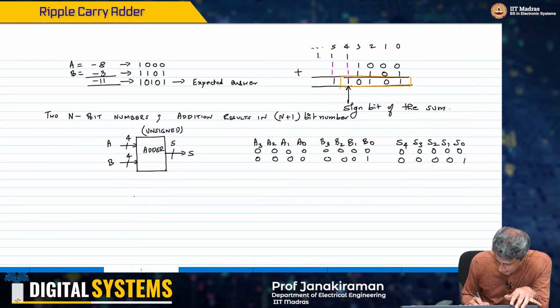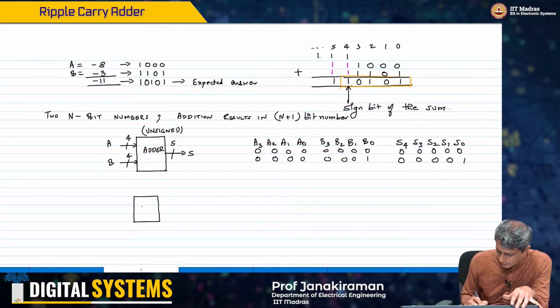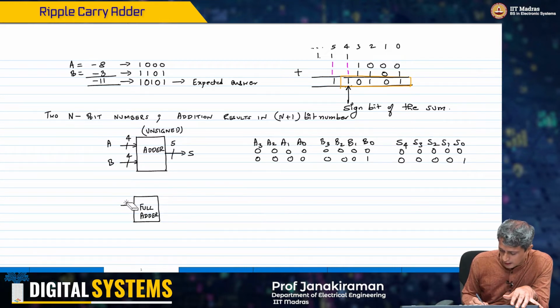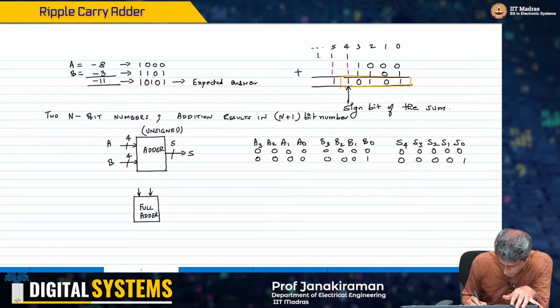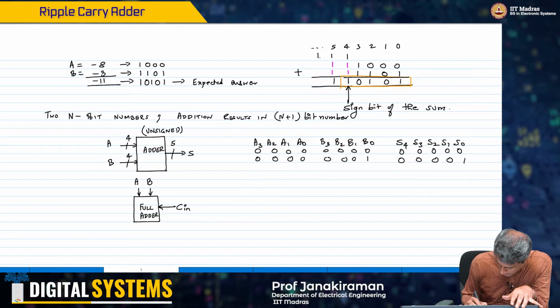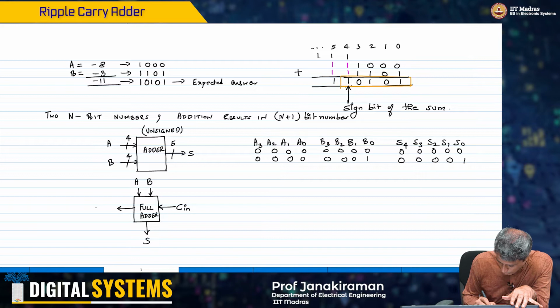So I can now define what is known as a full adder. For convenience, I will draw bits A, B, C in, sum, C out.